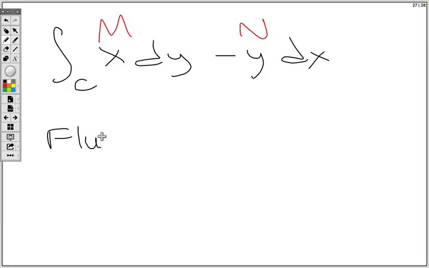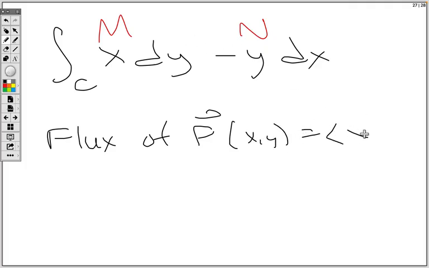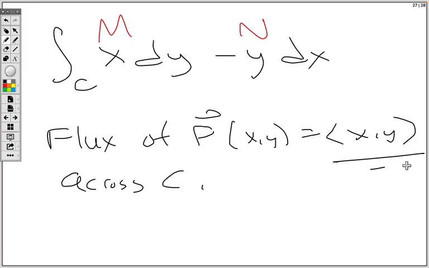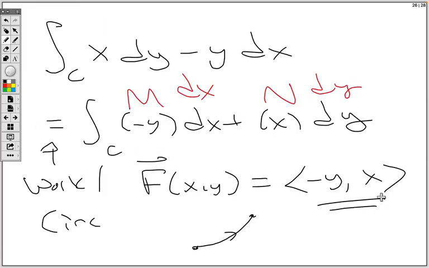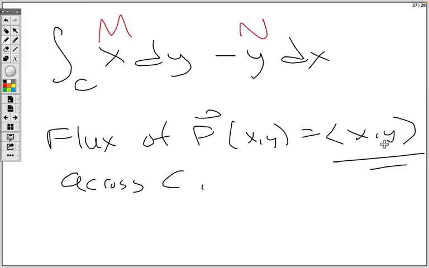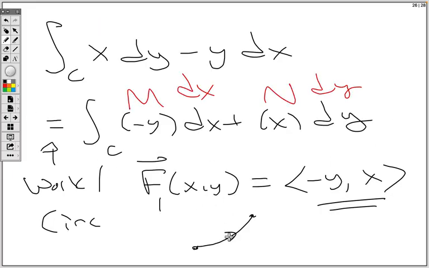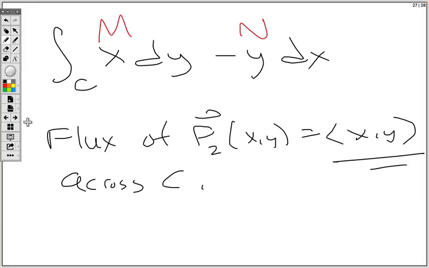So I could think of this as a flux, going across of the field F of x, y equals x, y across C. That'd be your M dy minus N dx. So you notice here these fields, look at the relationship between these fields. These fields are orthogonal, right? I'll call that F2. I'll call that F1. These are orthogonal fields. So it's literally work, circulation, flux. They're literally 90-degree ideas.